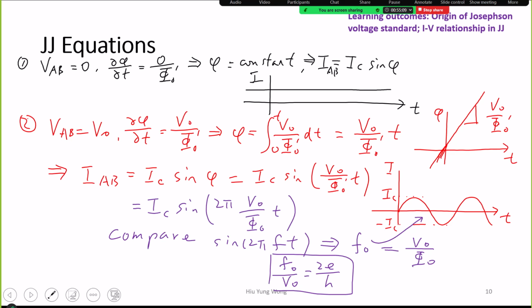Because you see, the Josephson junction equation has nothing to do with material. It did not tell you how thick the insulator has to be. It did not say how good quality it has to be. As long as you successfully fabricate a Josephson junction, you follow the Josephson equations. And if you apply 1 volt across it, then the frequency is going to be 2e divided by h. So all you need to do is measure the frequency, which can be done very accurately nowadays.